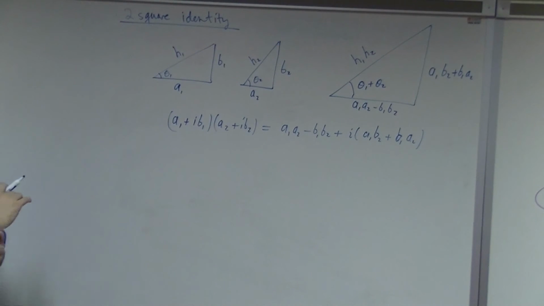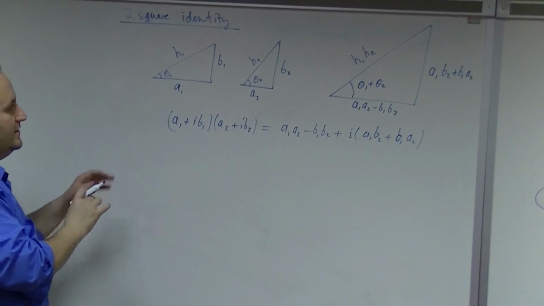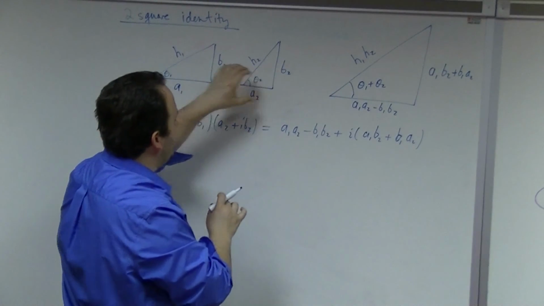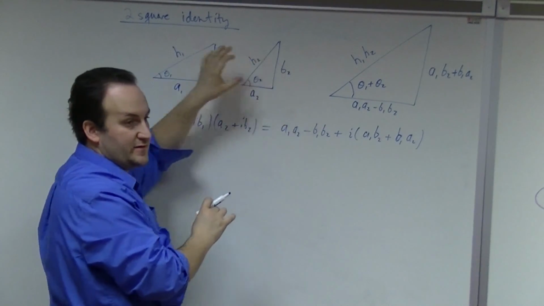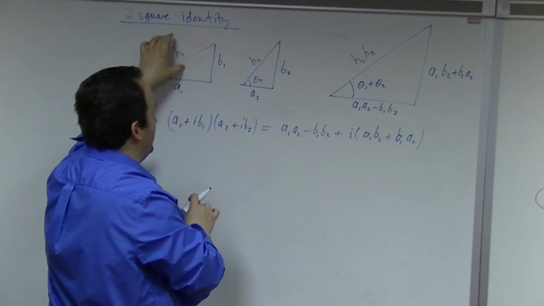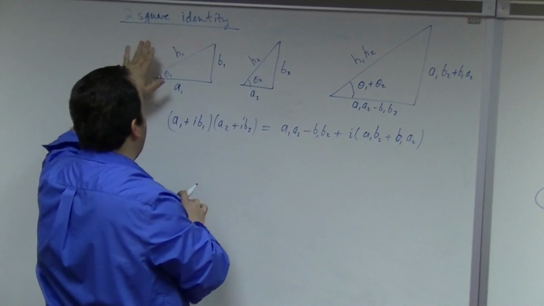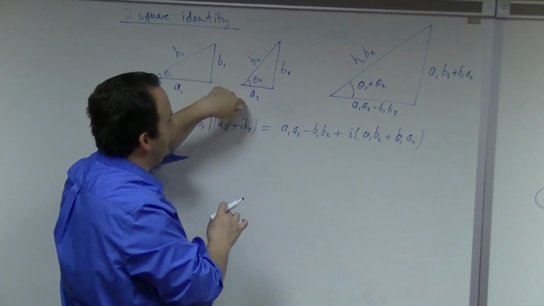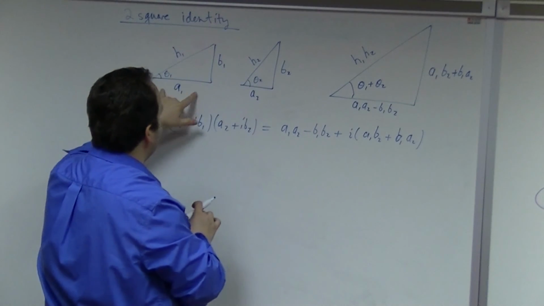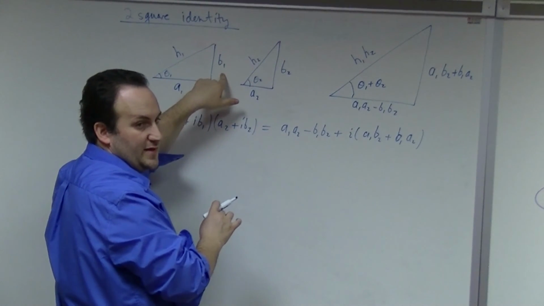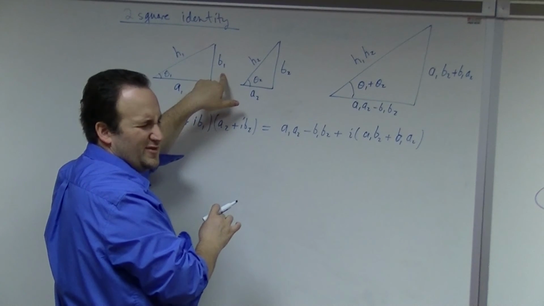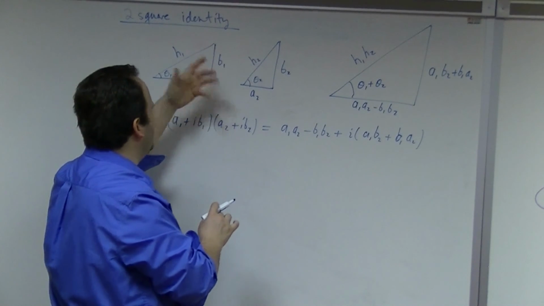Geometrically, that's what's going on with the two-square identity. If you have 2 triangles with integer sides and integer hypotenuse, H1 and H2, and I mean, excuse me, what I'm talking about is Pythagorean triples.